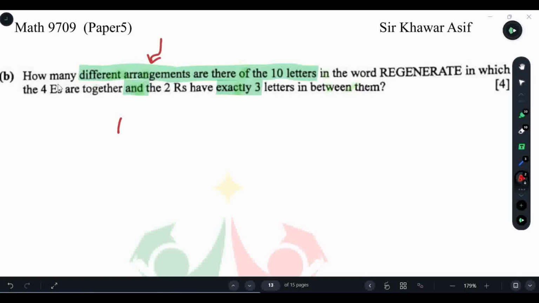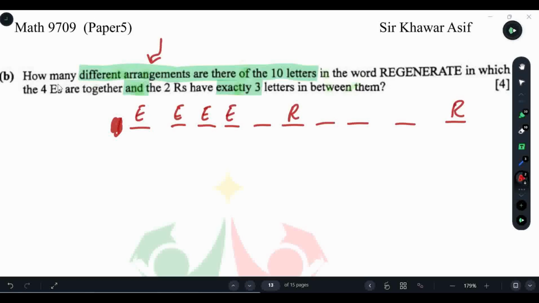They are saying the E's are together: 1, 2, 3, 4, 5, 6, 7, 8, 9, 10. So the E's must be together here. And then the 2 R's have exactly 3 letters in between them. So if the first R is here, there must be exactly 3 letters between them.